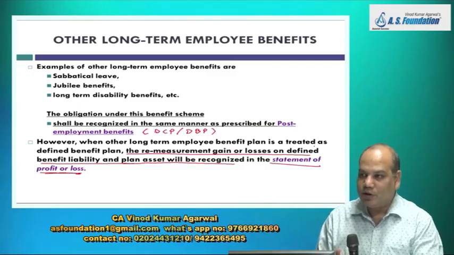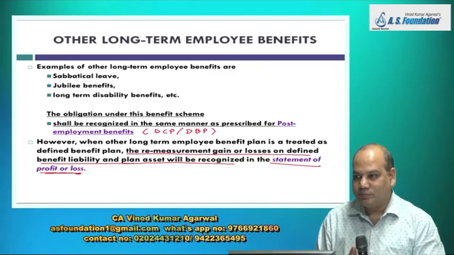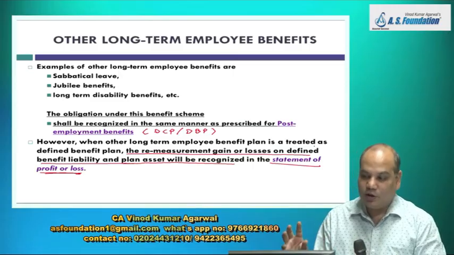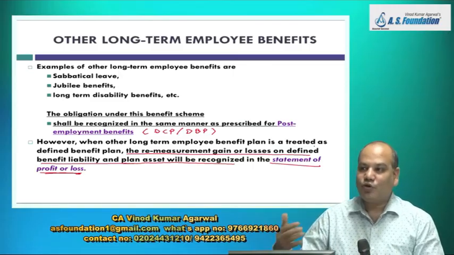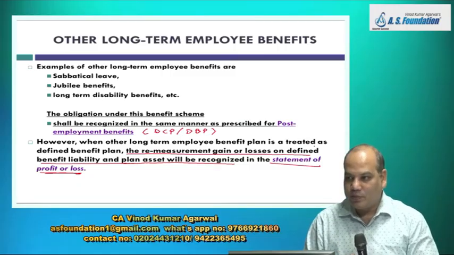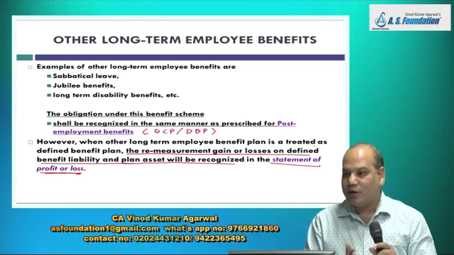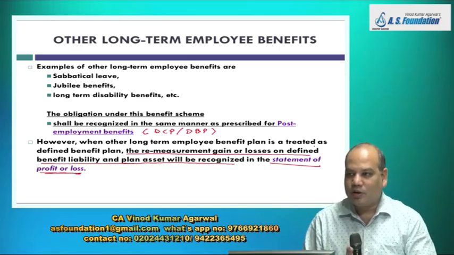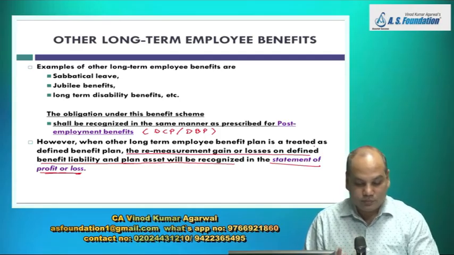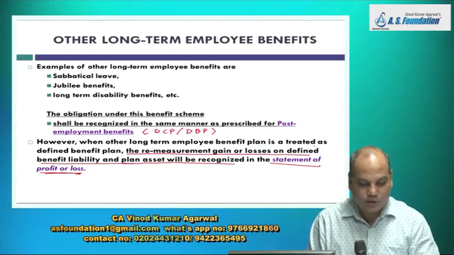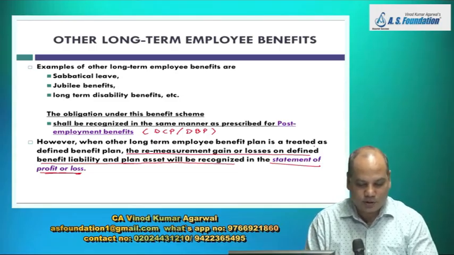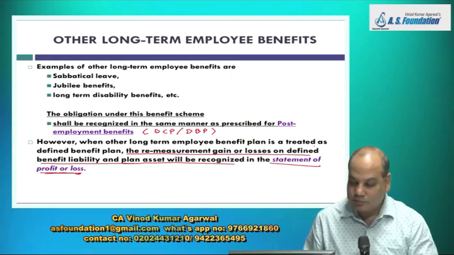And therefore you put it in the P&L account and close that account. This kind of scheme may not be as common as the post-employment benefit plan. That may be the reason, and therefore they don't want to unnecessarily carry it and show it in the other item in the OCI. This is what I tried to find out, and this is what I understood, but then there can be some other reason also.